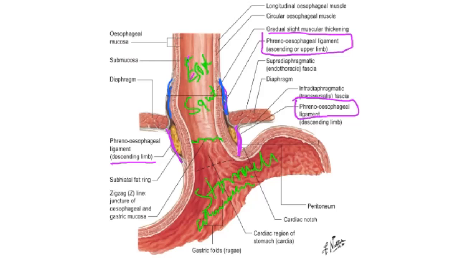Whatever the epithelium may be, this is the transitional zone. So this is called the Z line, esophageal and gastric. The mucosa of the esophagus is different from that of the stomach, right? So this is the Z line. And this is the phrenoesophageal ligament.